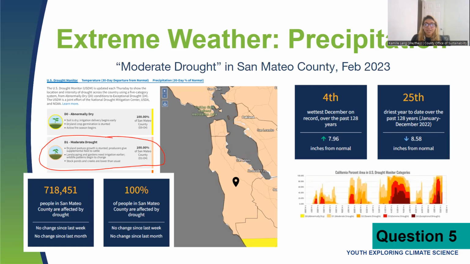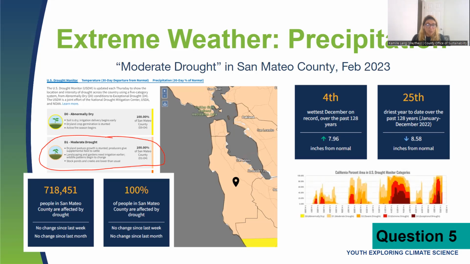You can see that this is also another way to think about what we're talking about with extreme weather, with these two benchmarks on this side of the slide. In 2022, it was the fourth wettest December on record over the past 128 years. Fourth wettest.